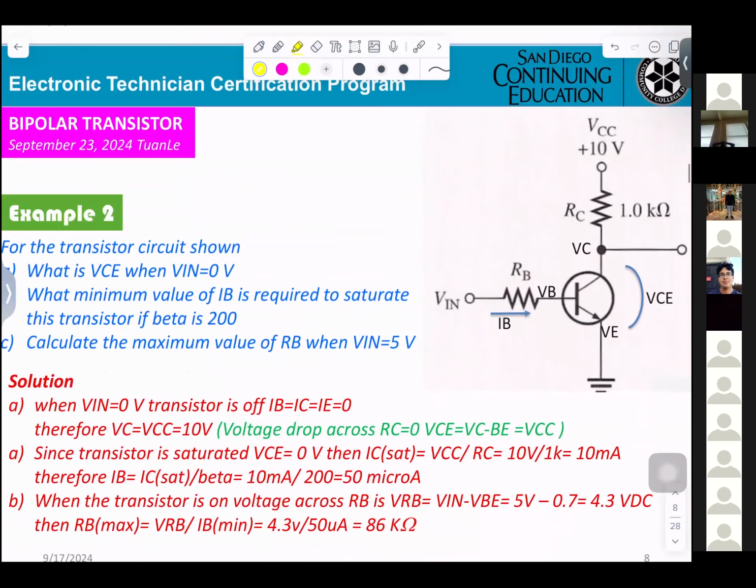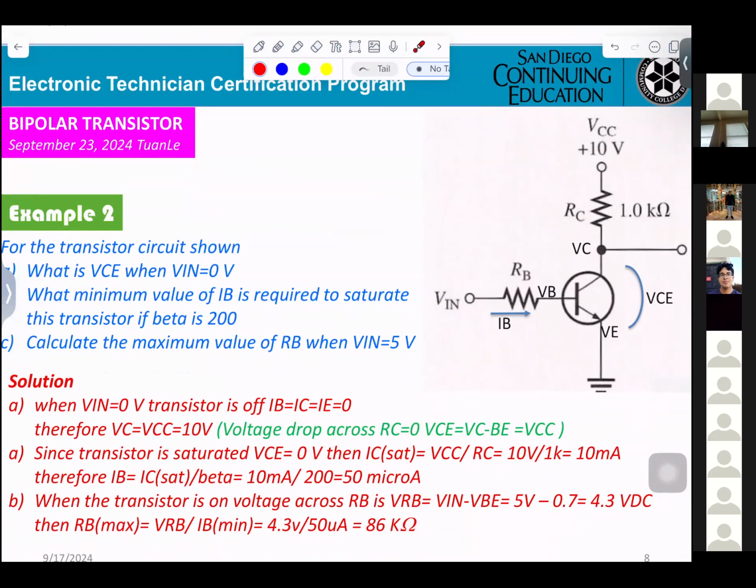Now, example number 2. Now you can see more easily. This is a VE. You don't have to draw the loop current like the previous one. That VCC, RC, VE.